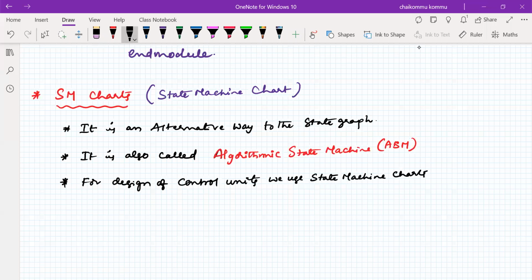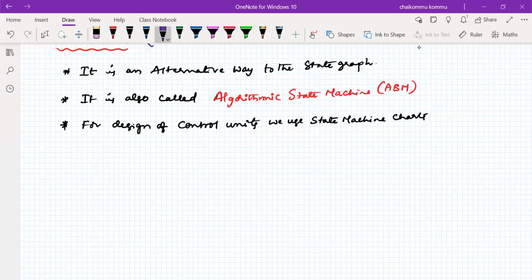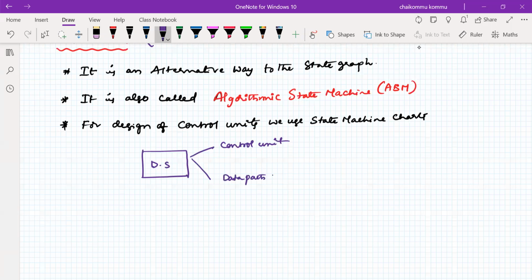Normally any digital system is converted into a data path unit and a control unit. The data path unit will perform the operations. At what time what functions must be operated is decided by the control unit. For the sake of simplicity, any digital system will be divided into two parts: a control unit and a data path unit.